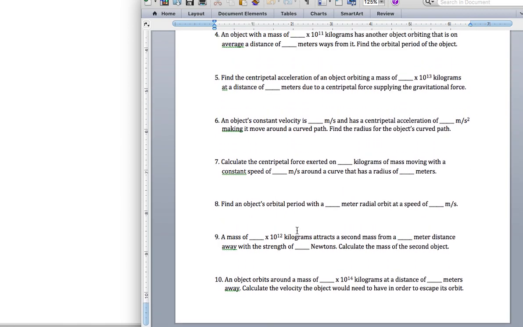Now we're going to do number 10. So an object orbits around a mass of blank times 10 to the 14 kilograms. So let's say, let's go with 2.8.